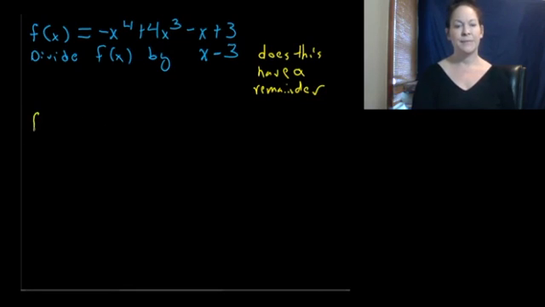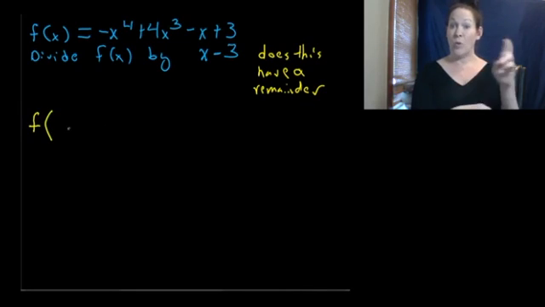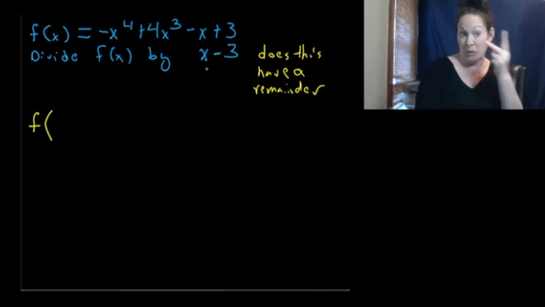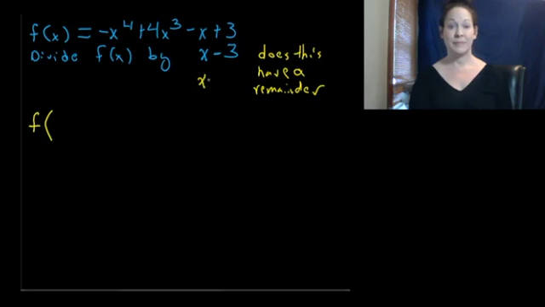So I'm going to use the remainder theorem. Now the remainder theorem says this is x minus k. So my k is going to be a positive 3. Kind of have to reverse the sign here.